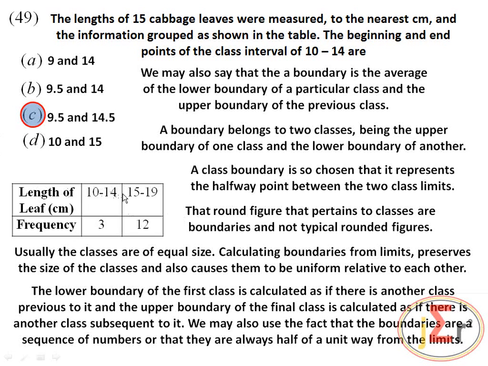So half a unit away from 14 is 14.5, and half a unit away from 15, if we go in this direction, because we are talking about the lower boundary in this particular case, also is 14.5. So 14.5 is half a unit away from 14 and half a unit away from 15. So that is another thing that we may consider. As we said before, the rounded figures that pertain to classes or boundaries are not typical rounded figures.